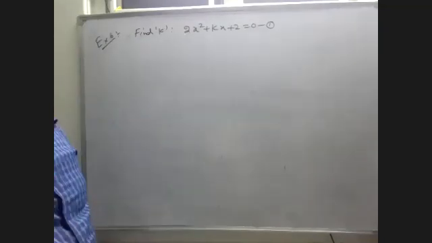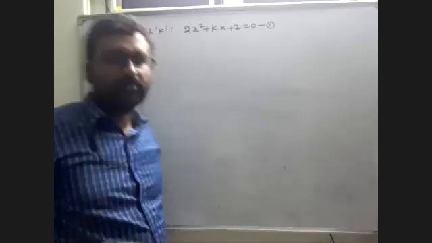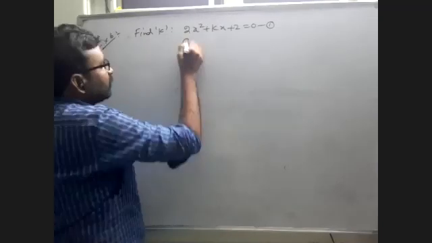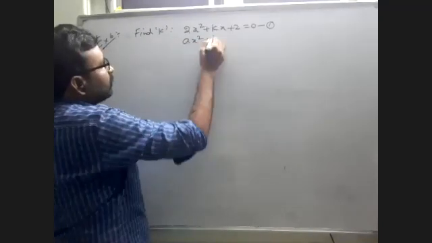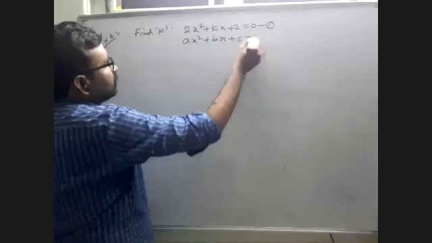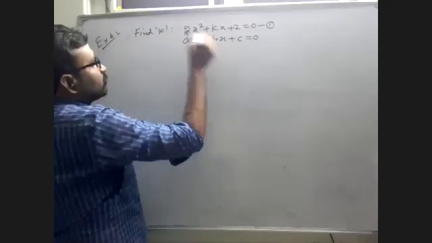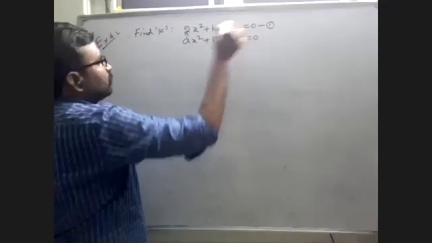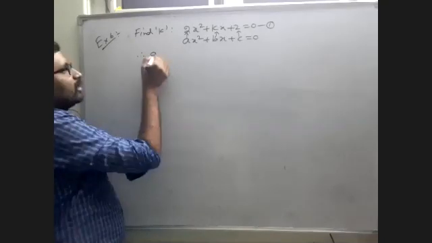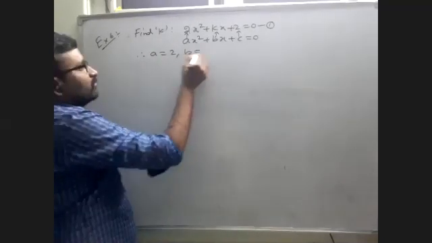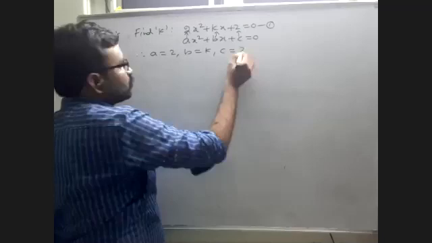So we know for real roots delta is greater than or equal to 0. First of all, comparing with the equation ax square plus bx plus c is equal to 0, the a value is 2, b value is k, c value is 2.